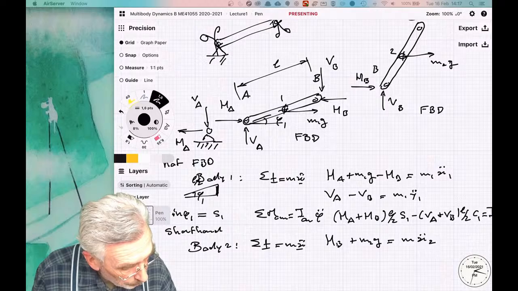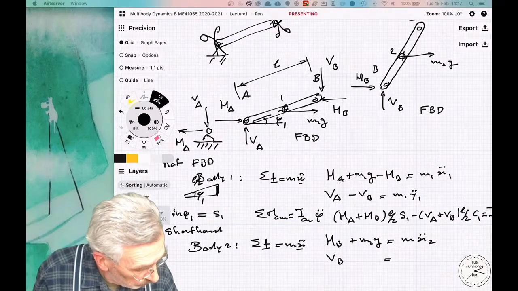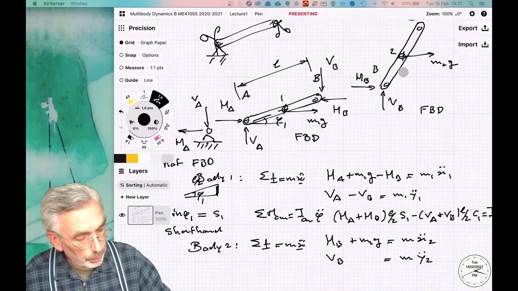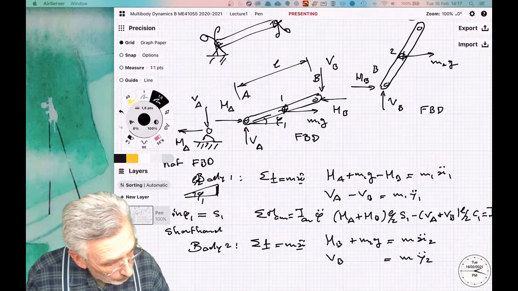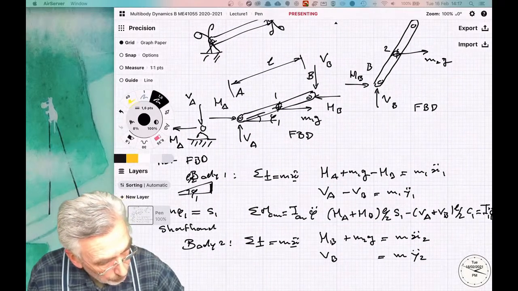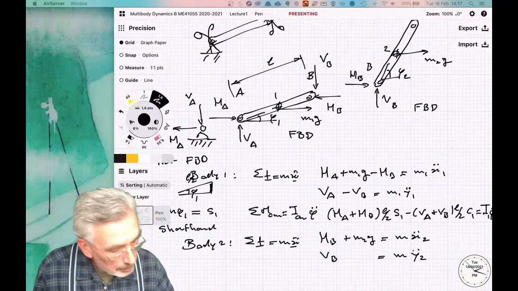Then the vertical one is VB. That's all. So the vertical acceleration here is only driven by this. That makes sort of sense, right? And then the torques, we now only have two forces acting as a torque on this. So this is phi 2, right?